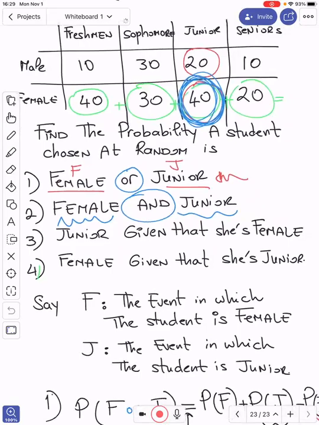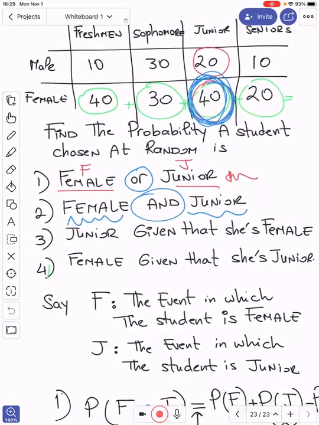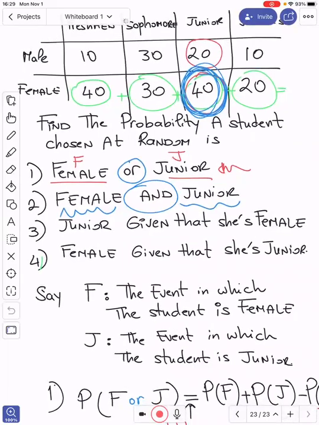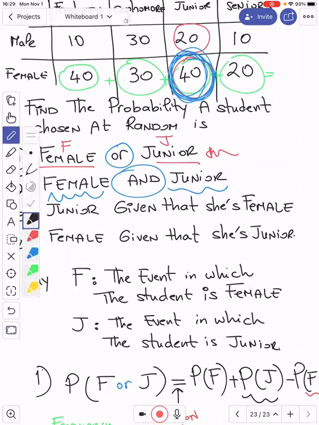So here, number 3, we are looking for the probability that the student chosen at random is a junior, given that she's a female. When we say that, we know that our student selected at random is a female. That's a fact.